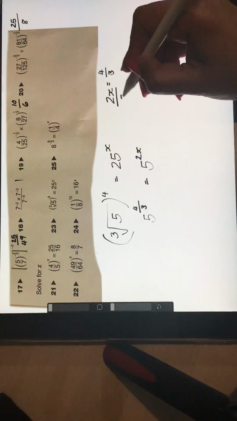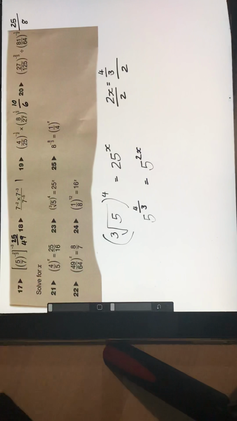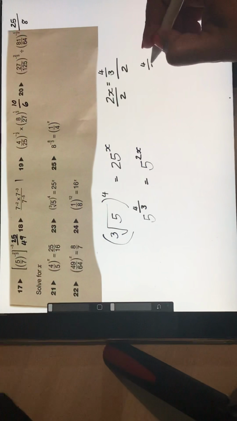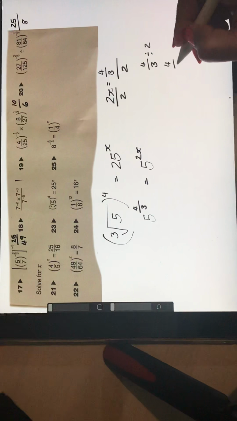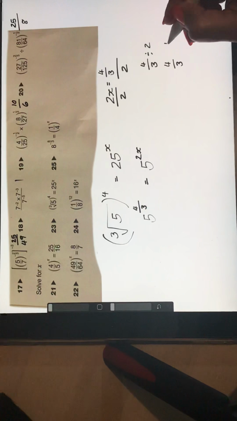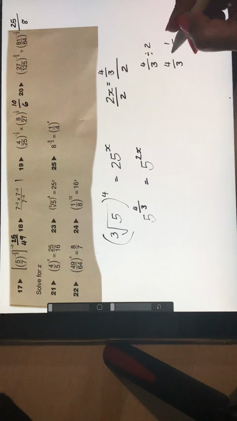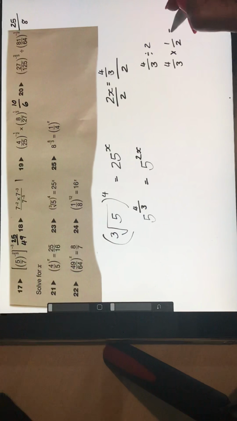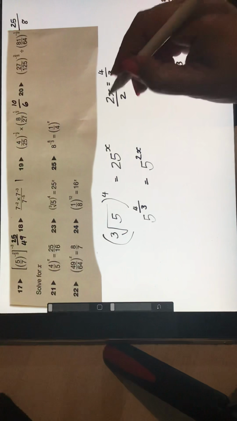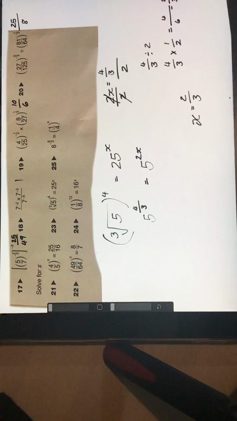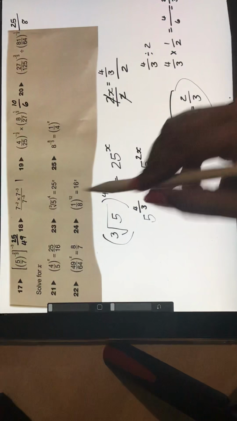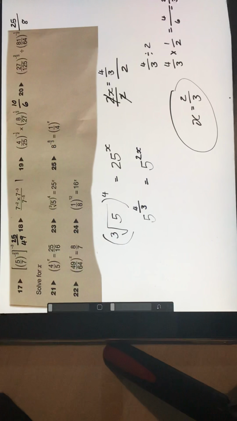Then I divide both sides with 2. So when I divide 4 over 3 by 2, I employ KFC again. 4 over 3, keep the first one, flip the second one, change the sign. So 1 times 4 is 4 over 6, and if I simplify that, I get 2 over 3. Right, so that means that x is indeed 2 over 3. This is the answer for number 23.